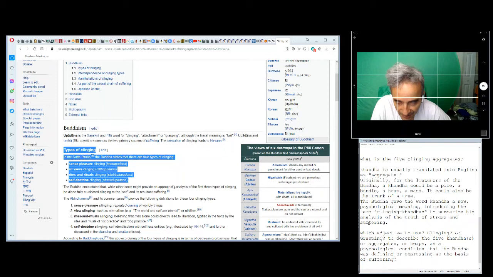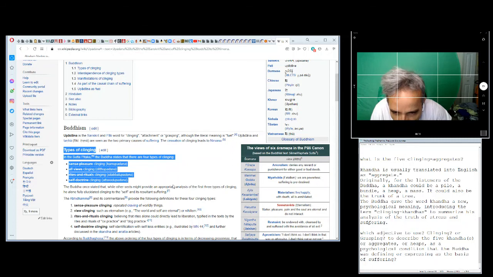I like that. There's types of clinging. Six example. Kulasi Hananda Buddha Sutra.